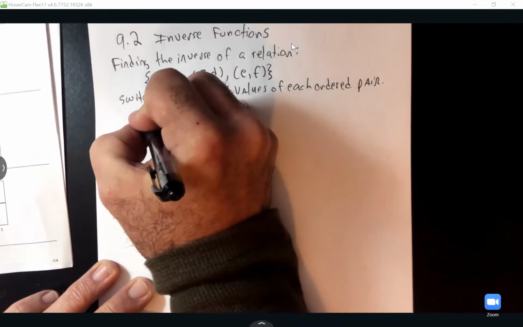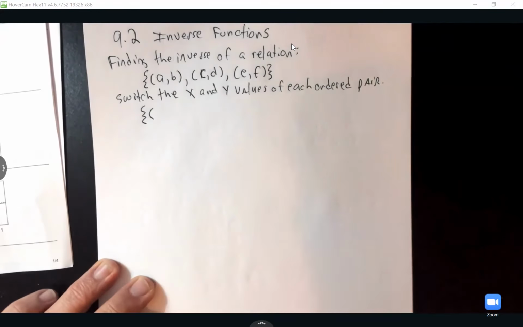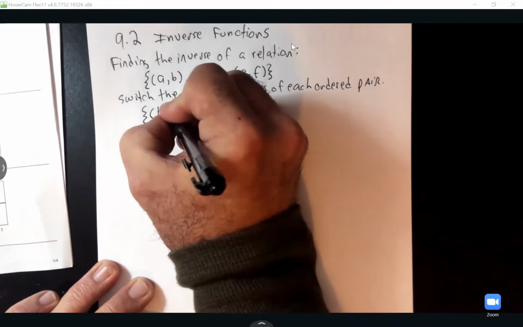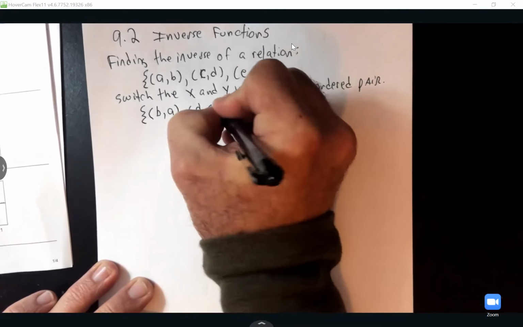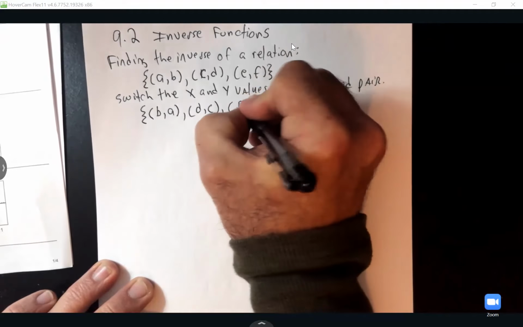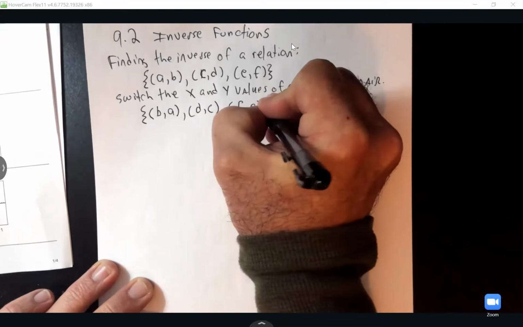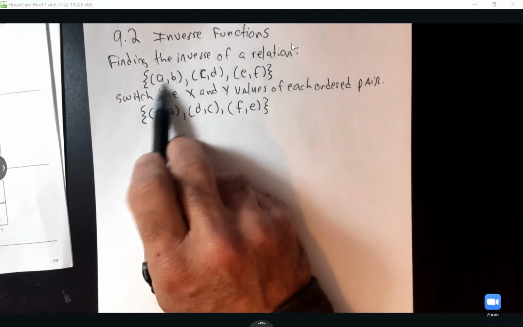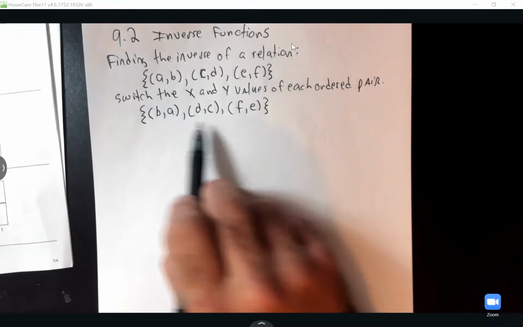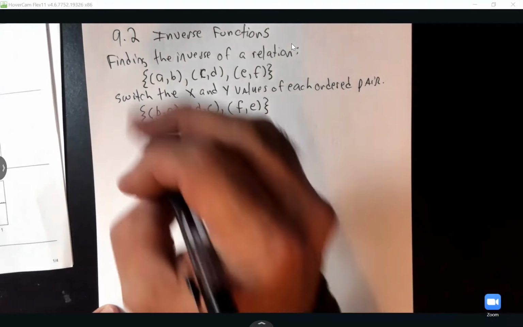So doing that, your answer for the relation would be in the form of BA, DC, and FE. So all I did is I took each of these ordered pairs and switched those X's and Y's around to get the inverse relation.